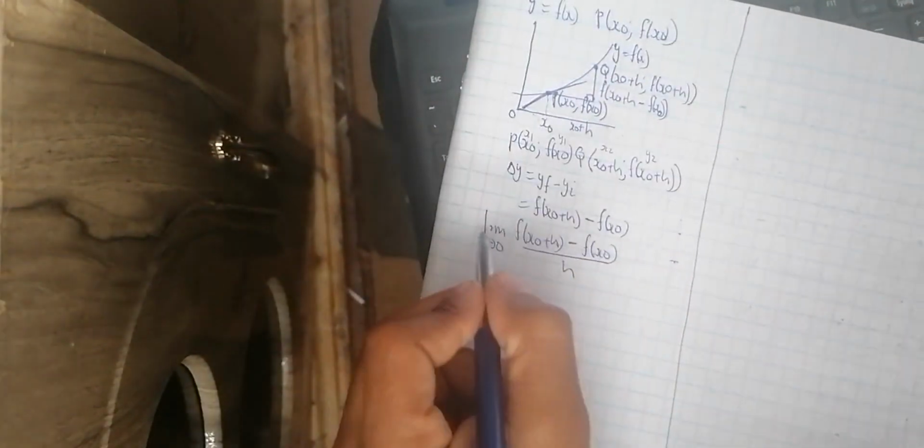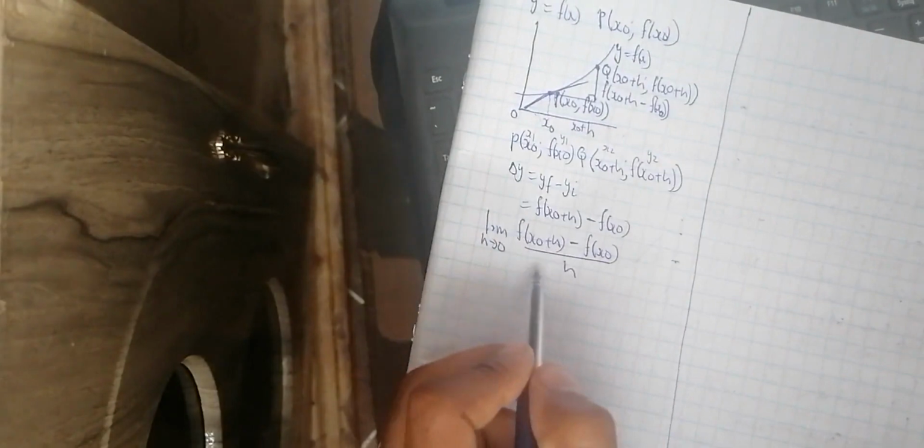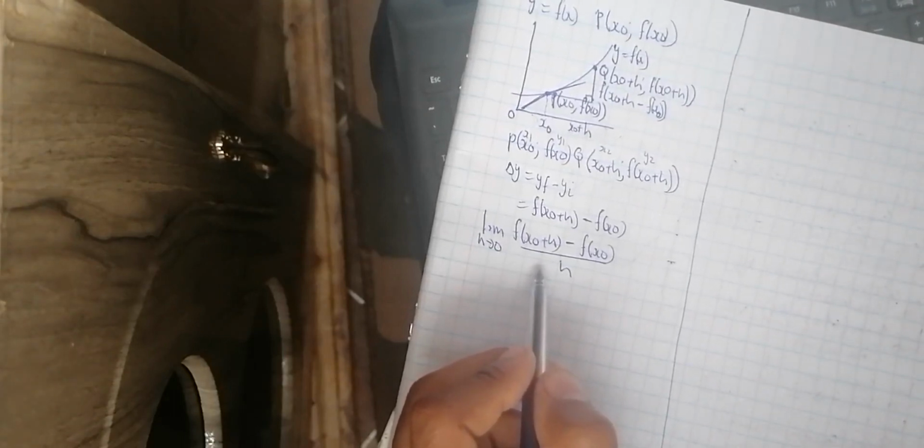Very, very important. And this is only provided the limit exists. We only use this to work out the gradient or slope of a function if the limit exists. Now, the tangent line to the curve at P is the line through P with this slope.